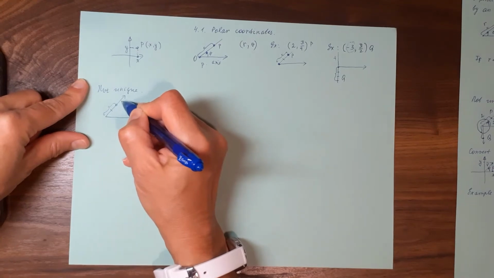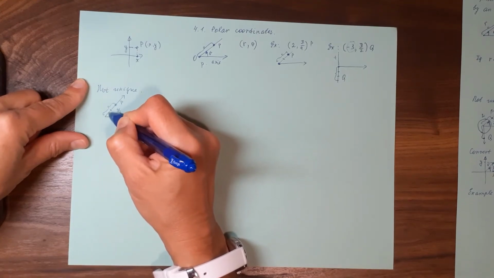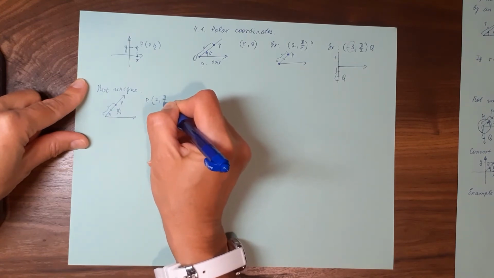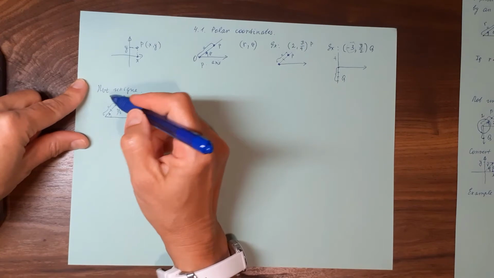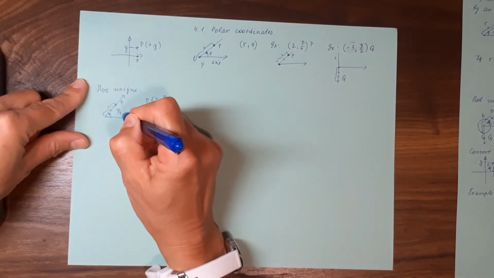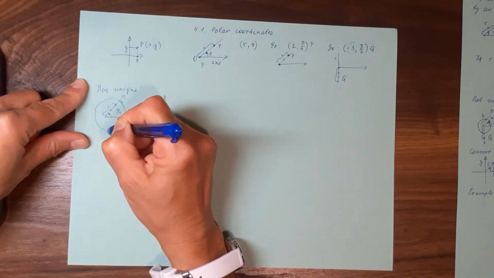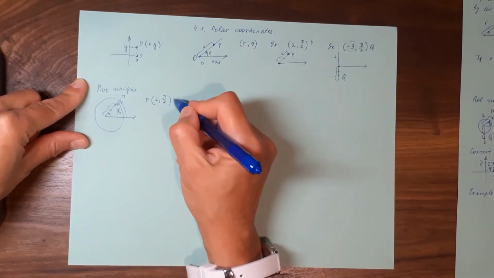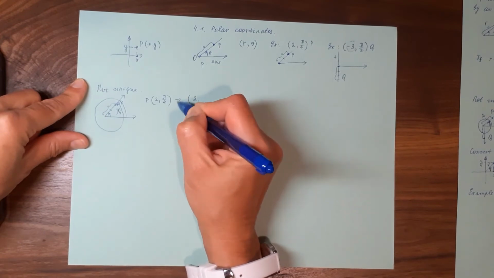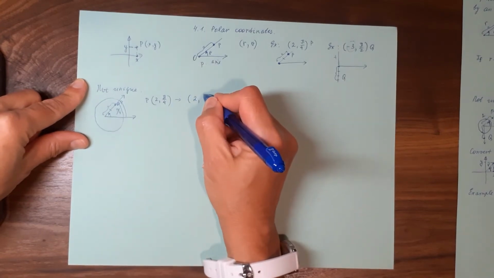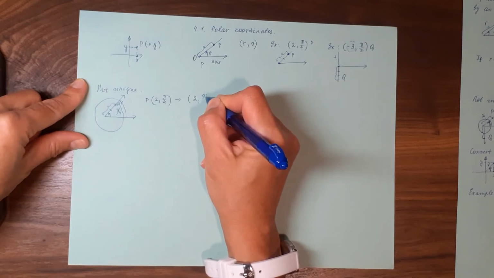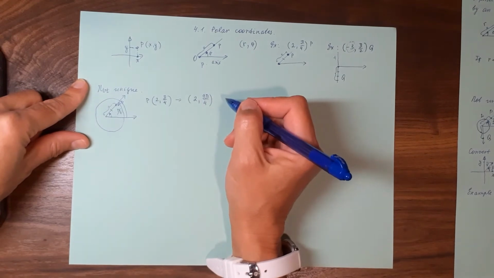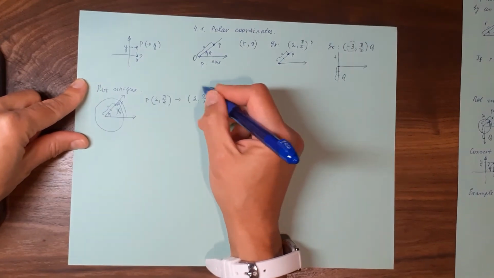Point P again with coordinates 2 and pi over 4. What else can I do? Well, I can consider the angle theta to be 2 pi plus pi over 4, one extra circle. It's still a correct description. And I get a point with coordinates 2, 9 pi over 4. If I graph this point, I get exactly the same point P. So a set of polar coordinates is not unique for every point on the plane.